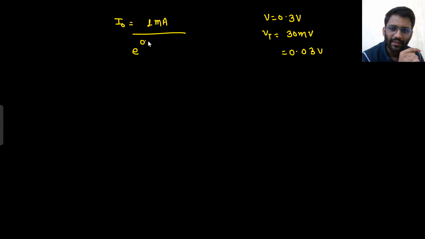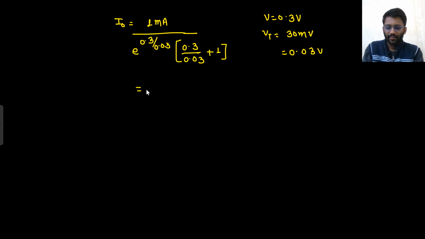So e to the power V by Vt into V by Vt plus 1. Now we will solve it. Actually, I remember the answer. 0.3 by 0.03, e to the power 10 into 11, reciprocal.